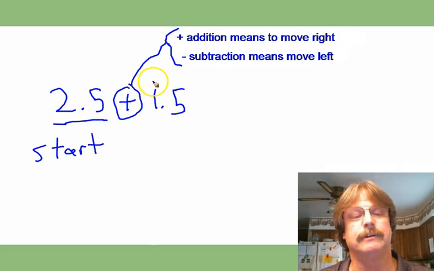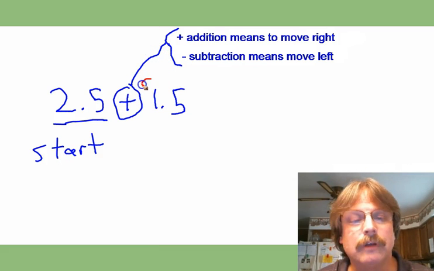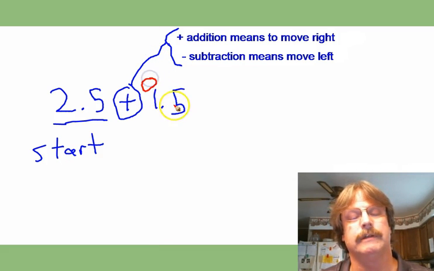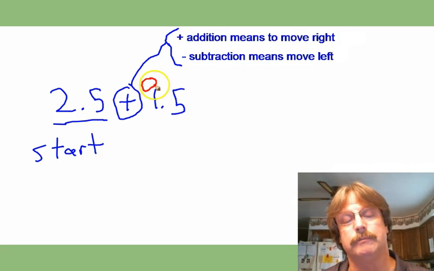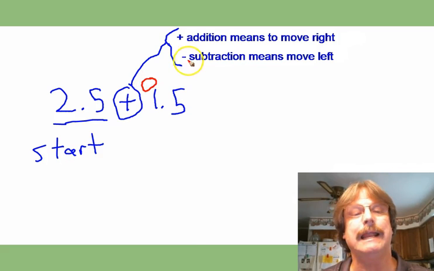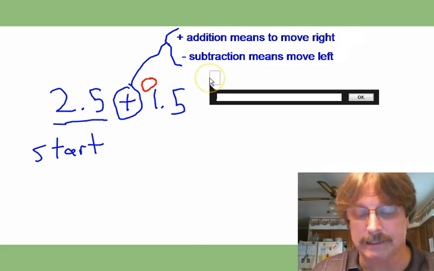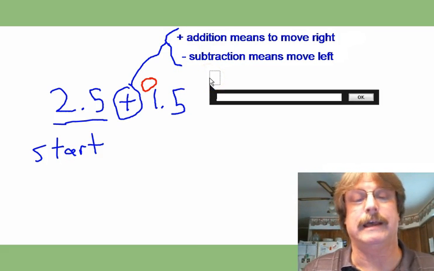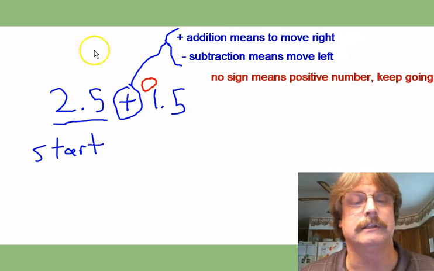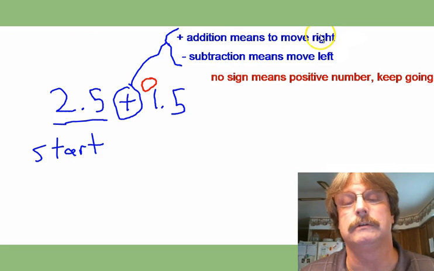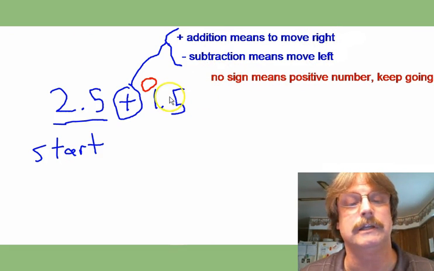Then the next thing I have to do is look at my sign right in front of this number. If you don't see a sign, it means it's positive. If there was a sign, it would be negative. Okay, so that tells us something too. So if I have no sign, that means since I'm going right, I'm going to continue to keep going 1.5 units.